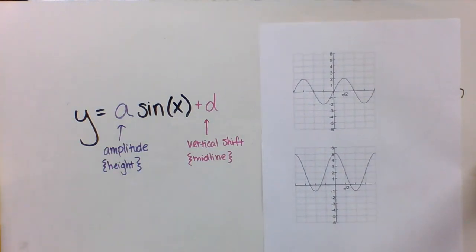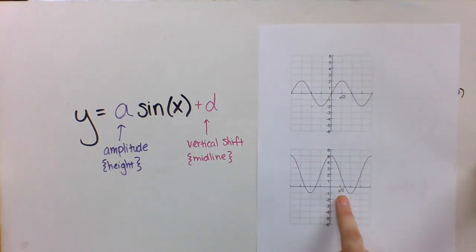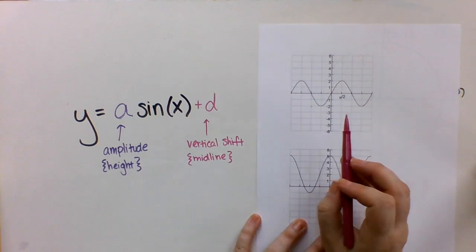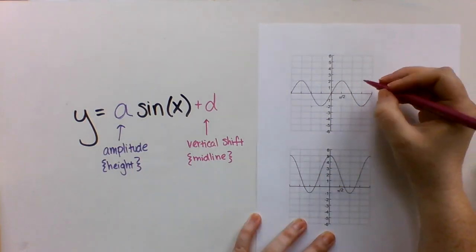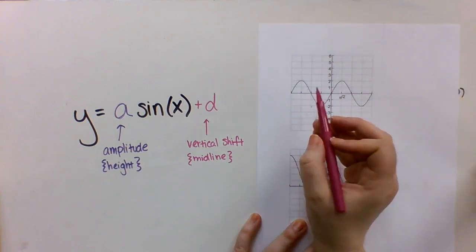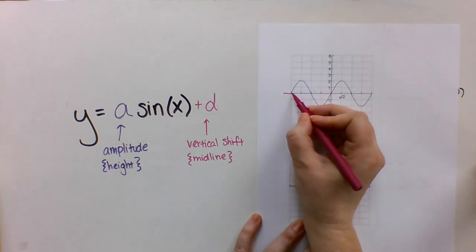So if you look at these 2 pictures over here on the right, if I want to find the amplitude and the vertical shift, notice that the units are in radians, by the way. For this first one, first of all, this is a sine graph because it starts at 0, 0. The amplitude, so the height from the top to the middle, so this is the middle right here, the midline.